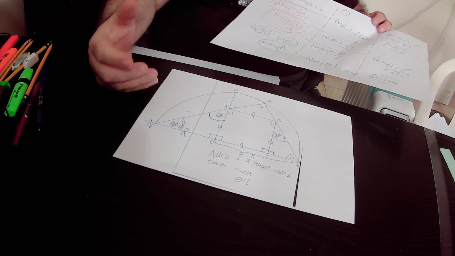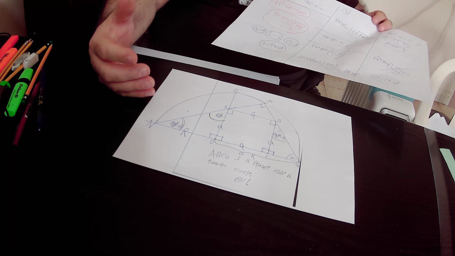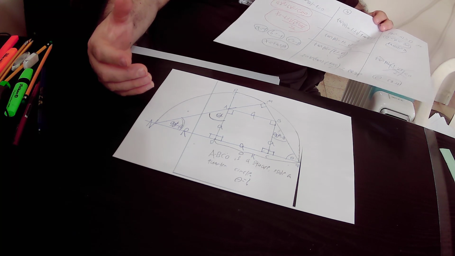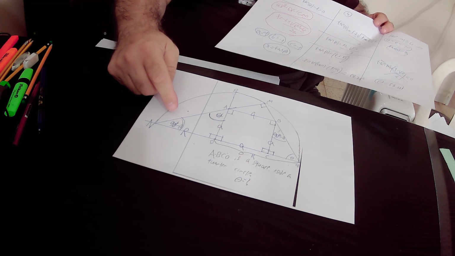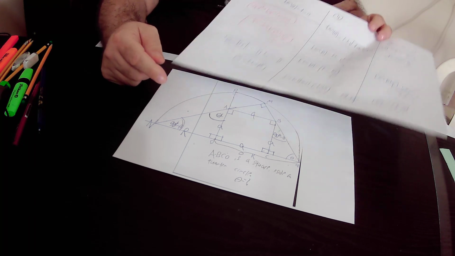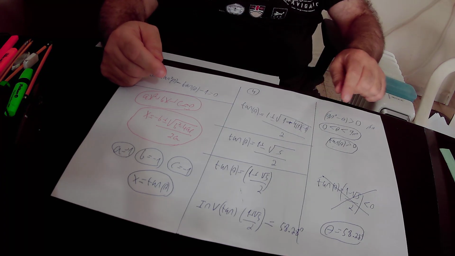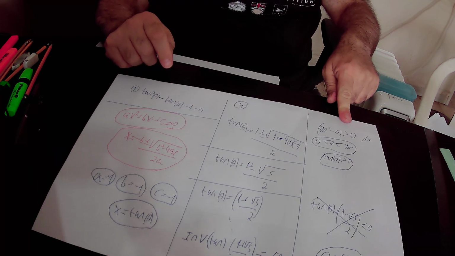And actually, all the angles inside the right triangle must be positive angles. Therefore, this angle, 90 degrees minus theta, must be positive, that is to say it is greater than 0.